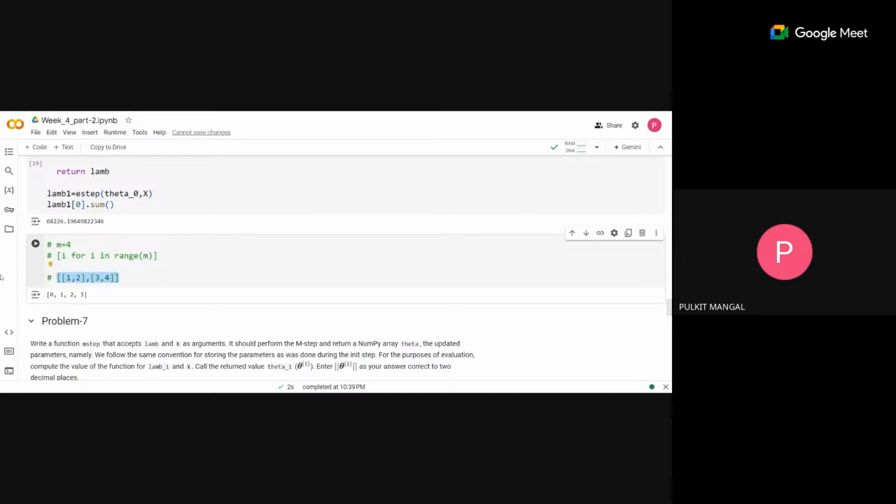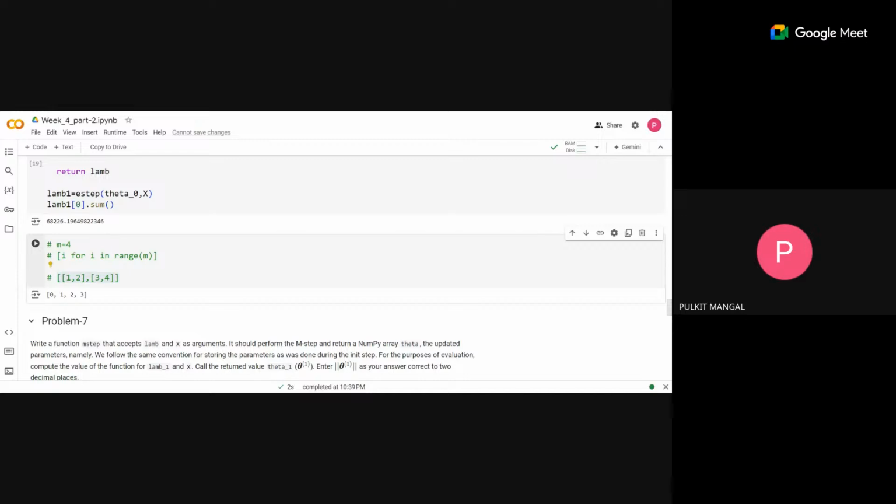Now if you are going to sum the first row, what is the value that you will get? For the lamb1 matrix, what is the size of that matrix? It is n cross k.